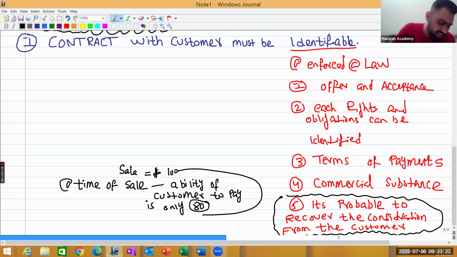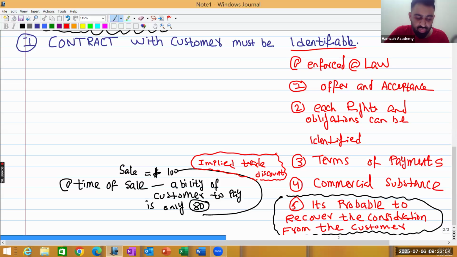$100, but you know that your customer can pay only $80. Then according to IFRS 15, it is an implied trade discount. There is an implied trade discount of $20, which should not be part of the revenue.